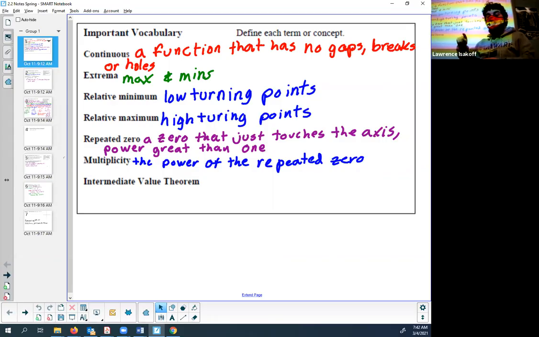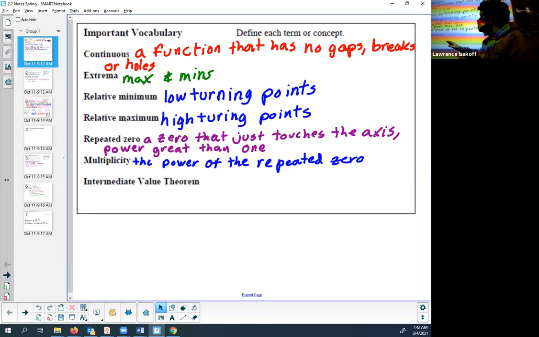I might have a max that's bigger than another max, but when I say relative, we're looking at, hey, right there's a peak. Almost think of it like mountains. If we have 4 or 5 mountains, each mountain has its own max. One might be taller than the rest and be the overall highest, but each of them has their own peak or max.